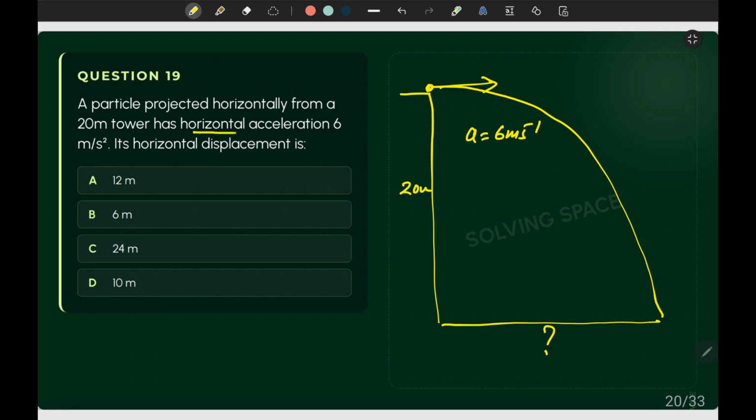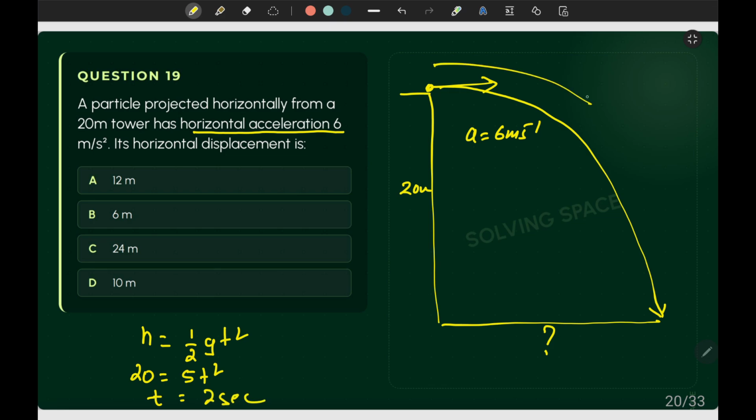We have here horizontal acceleration 6 meters per second square. So first let us calculate how much time it takes to reach the ground. For that, h is equal to half gt square, 20 is equal to 5t square, t is 2 seconds. So the projectile will come downward in 2 seconds.